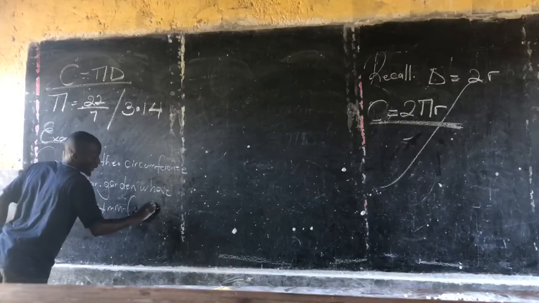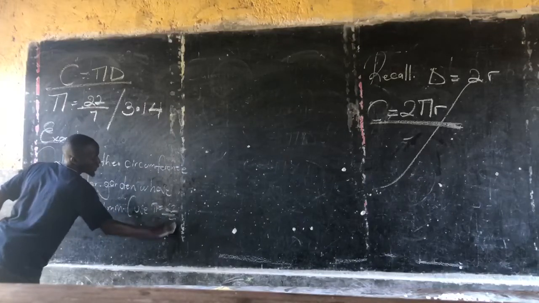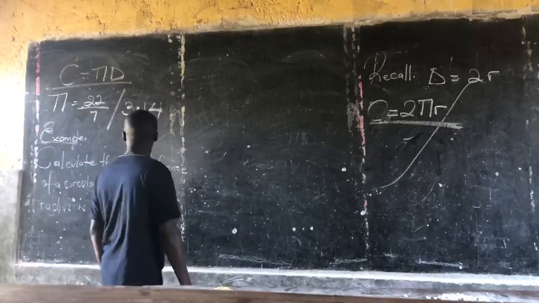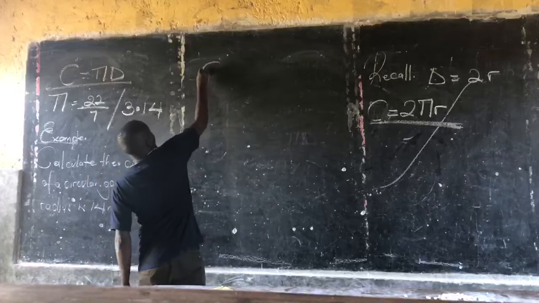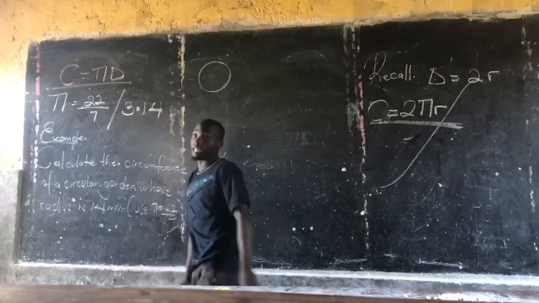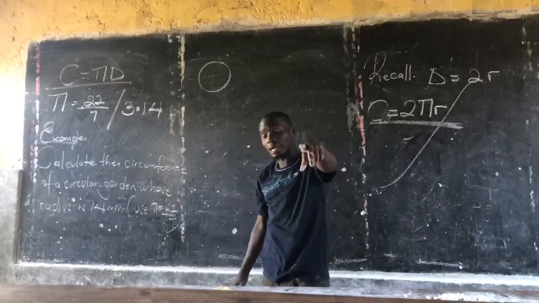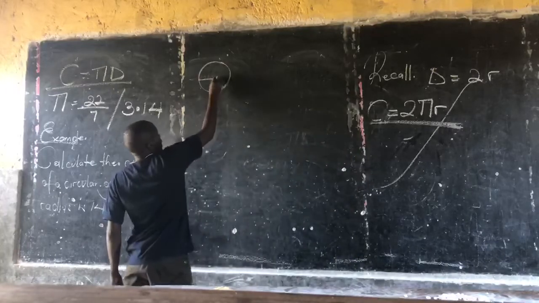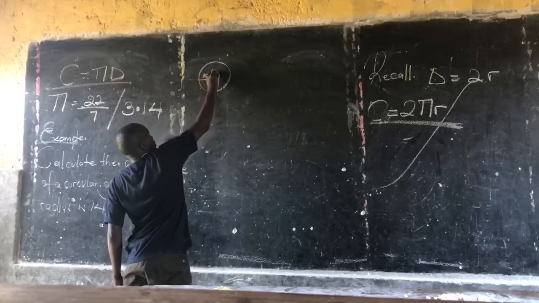Let's use pi as 22 over 7. That's the question. But this time they are not giving us the diameter, they are giving us the radius. So the radius is 14 millimeters.